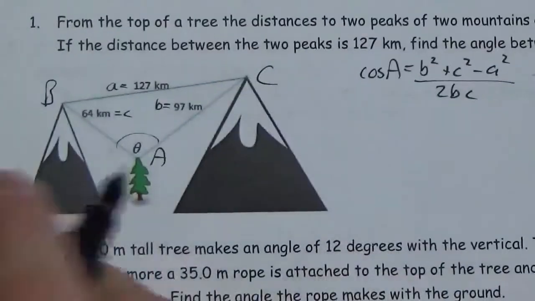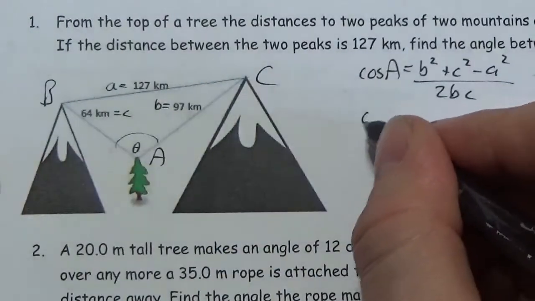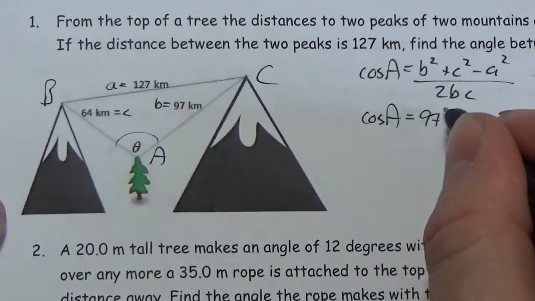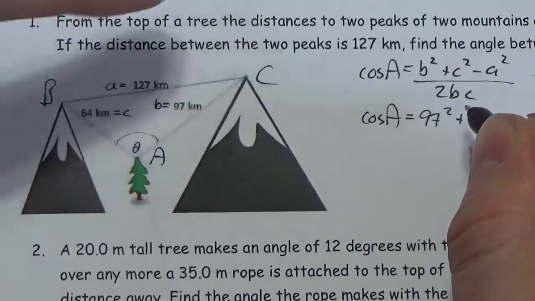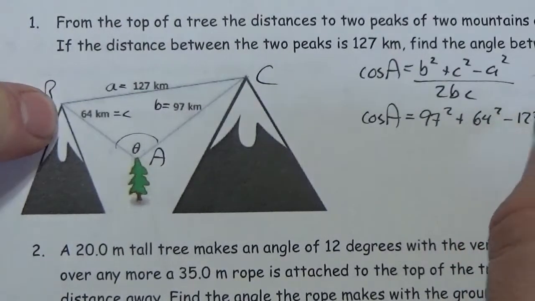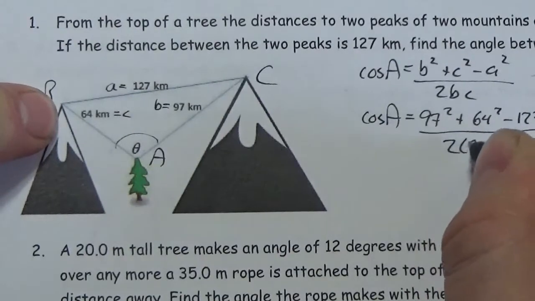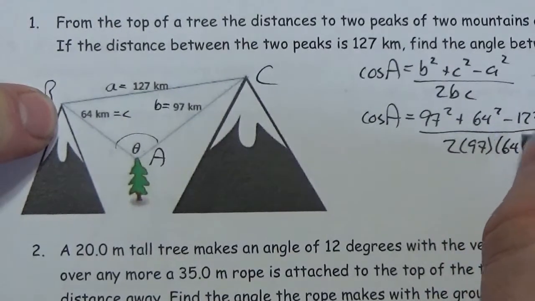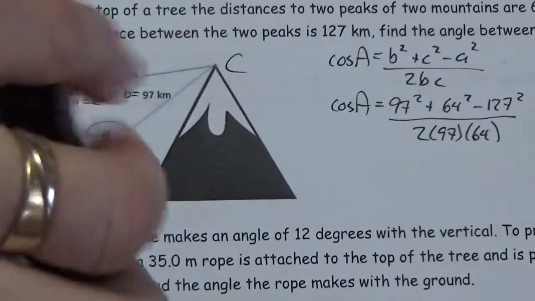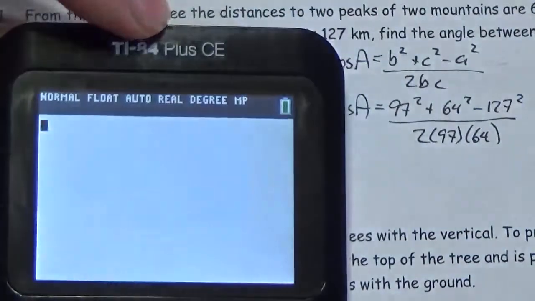And so now I'm just going to plug in the numbers that I'm seeing here. So the cosine of A is going to equal b, 97 squared, plus c, 64 squared, minus 127 squared, there's my a, all over 2 times 97 times 64. So here we go. Let's enter that in.